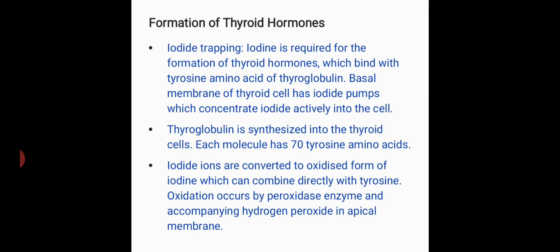Thyroglobulin molecule is synthesized within the cells of thyroid gland. Each molecule of thyroglobulin has 70 tyrosine amino acids. Iodine binds with these tyrosine amino acids to form thyroid hormones. First step in the formation of thyroid hormones is the conversion of iodide into an oxidized form of iodine, only which can combine directly with the tyrosine amino acid.